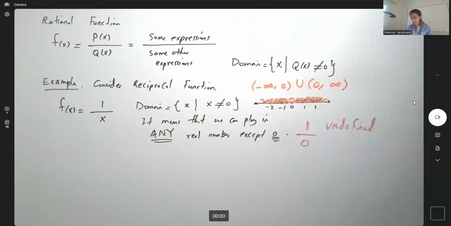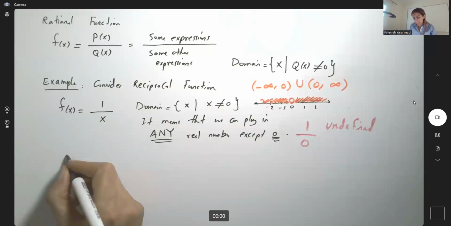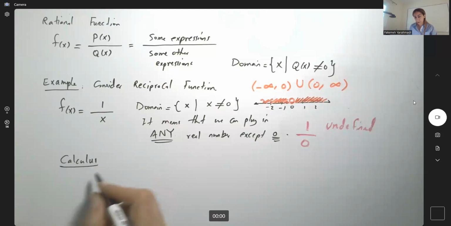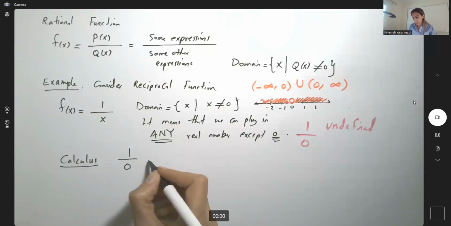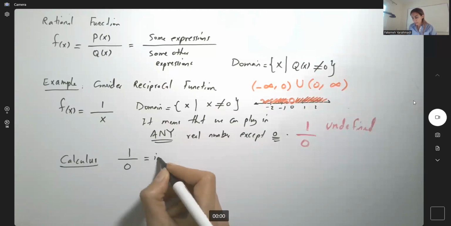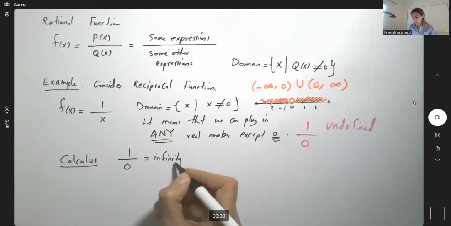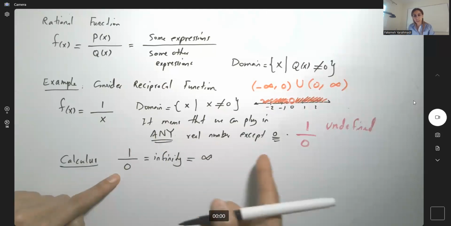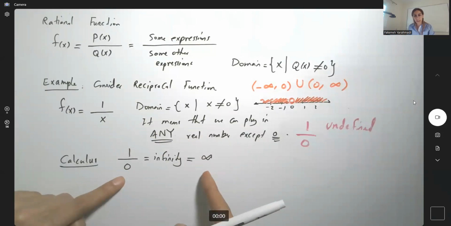So there's a situation here. In calculus, we say that 1 divided by 0 is infinity. So if I plug in 0 into the function, it's not defined. It is infinity. What does it give me?